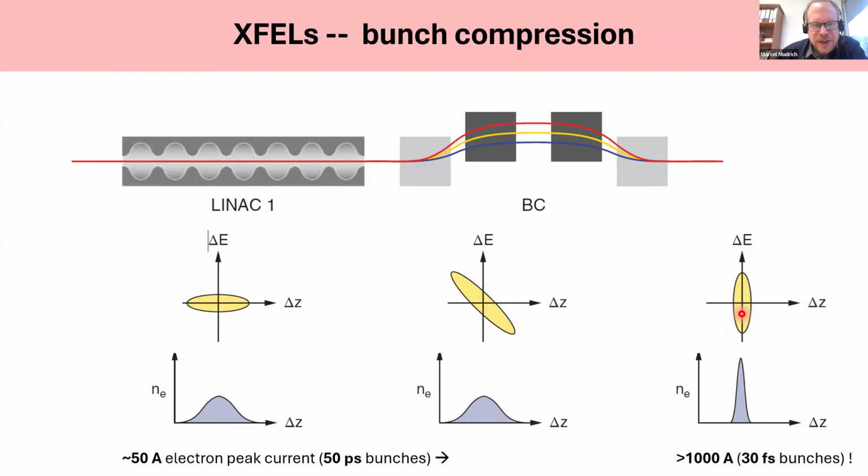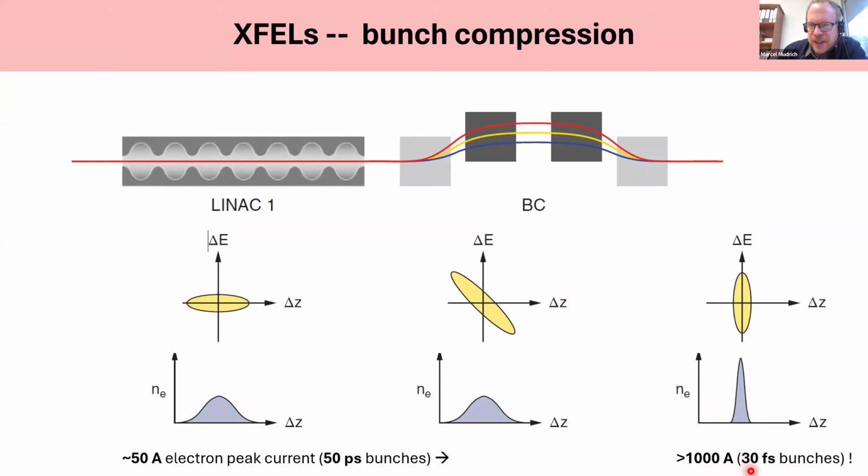And in this way, these initial 50 ampere electron peak current bunches. So 50 amperes sounds like a lot of instantaneous current in such an electron bunch, but once these bunches are twisted in phase space, then the peak current rises to about a kiloamp, and the bunch duration along the beam is reduced to roughly 30 femtoseconds.